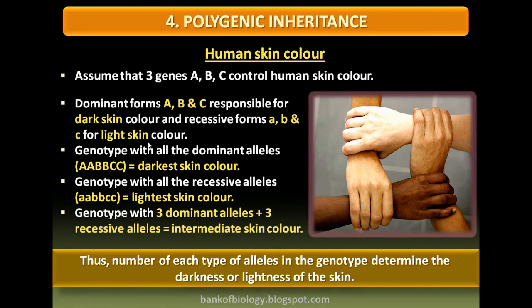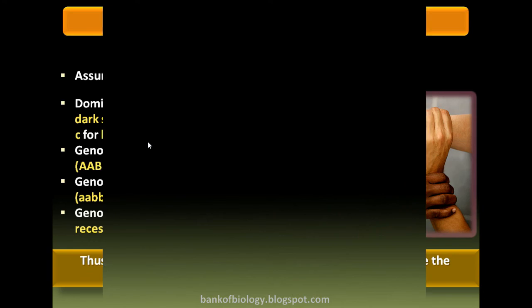So if the genotype has all dominant alleles, we have the darkest skin, and if the genotype has all recessive alleles, we have the lightest skin color. And a genotype with three dominant alleles plus three recessive alleles gives the intermediate skin color. Thus, the number of each type of allele in the genotype determines the darkness or lightness of the skin.